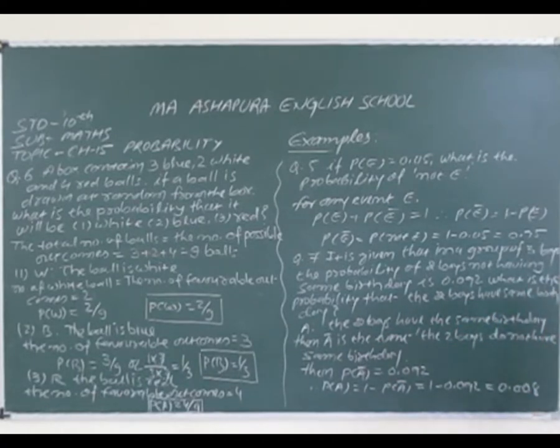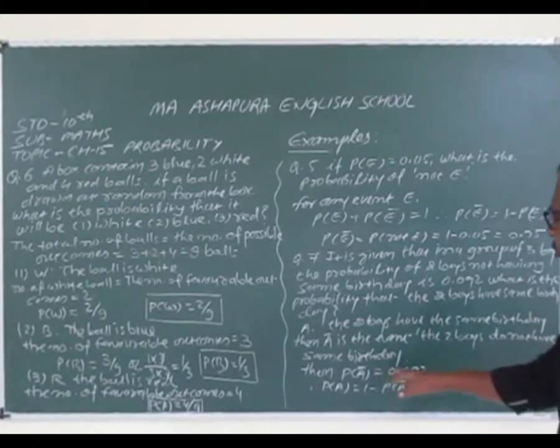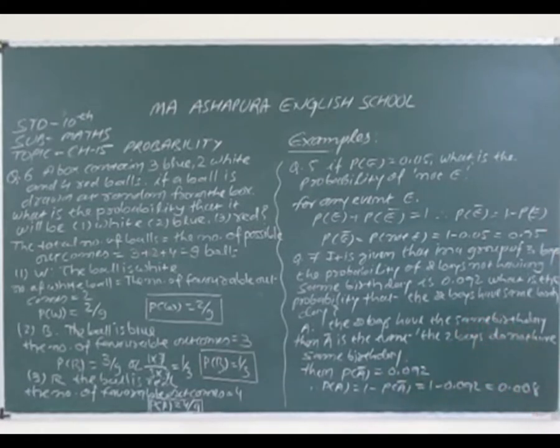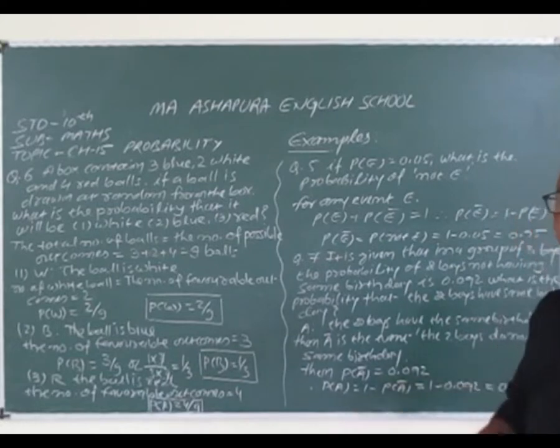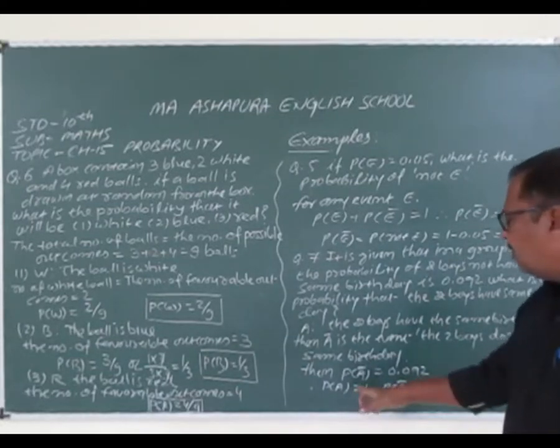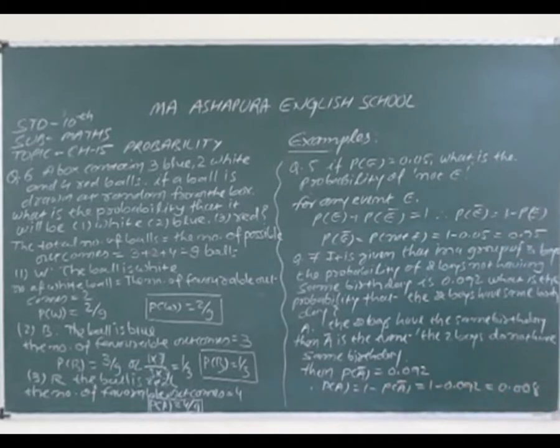Then it is given that P of A bar, the probability of not A, meaning the 2 boys do not have the same birthday, is available. P of A bar is equal to 0.092. Therefore, now put the value in the formula. P of A, the probability of event A, is equal to 1 minus P of A bar.